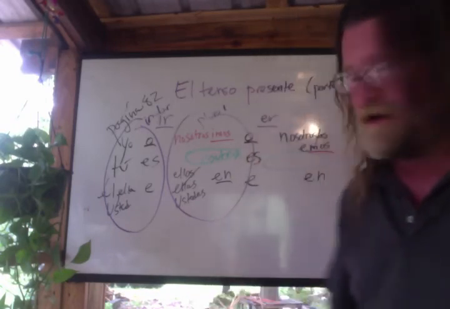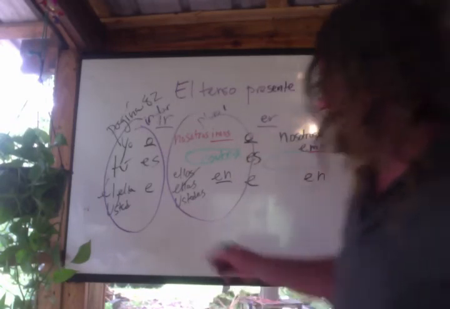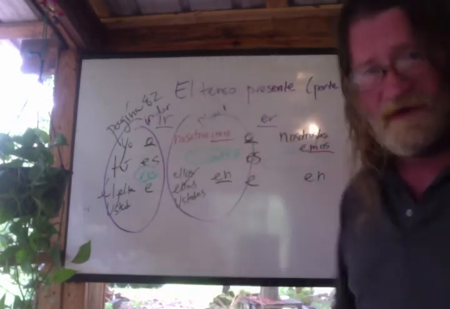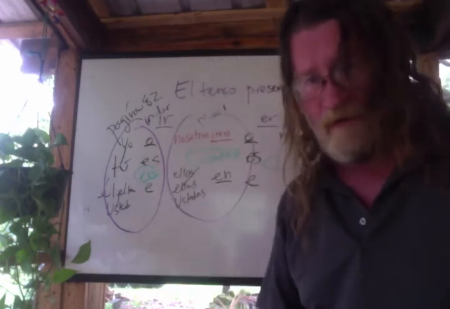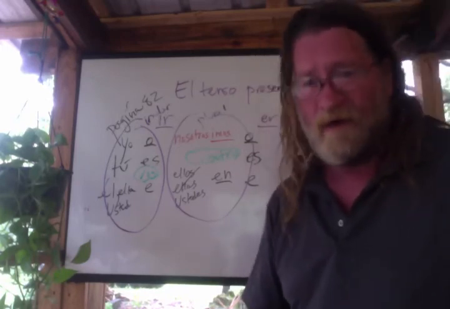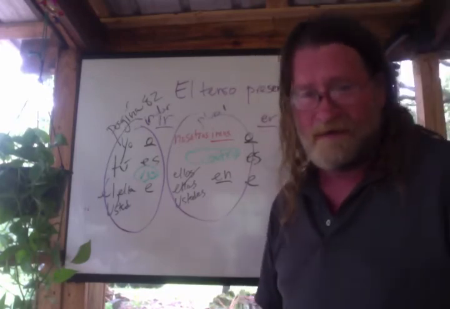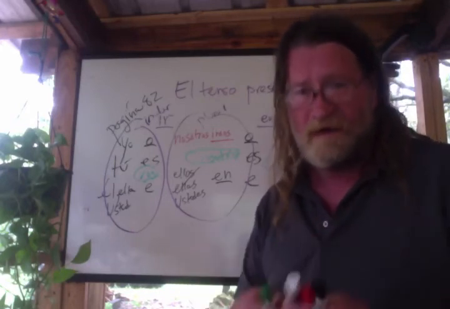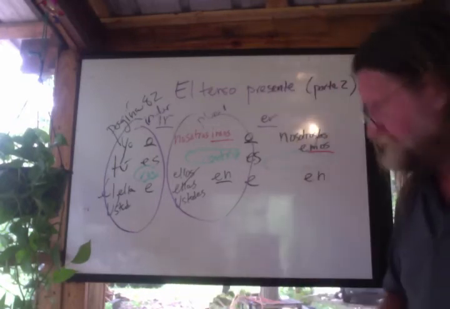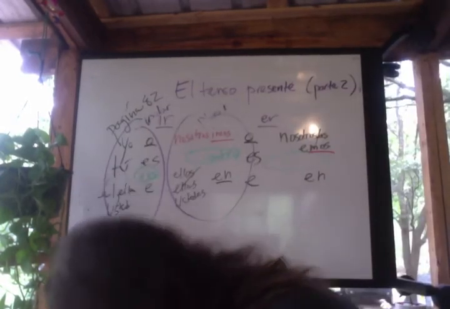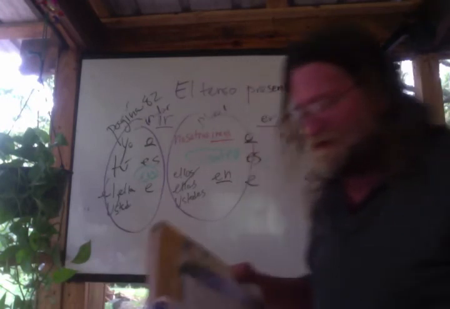Just as I'm not going to teach you the vos form, which is still used in Latin American countries, but it is a minority accent. It's been lost to the passage of time because languages want to simplify. So let's try 2 more verbs, and then you'll be able to turn this off and practice yourself, all right?